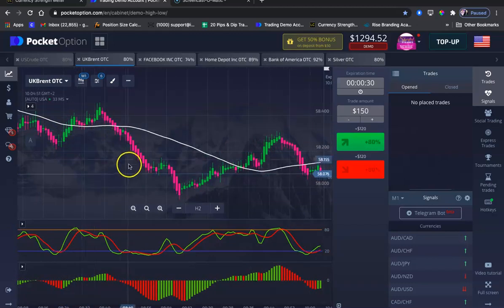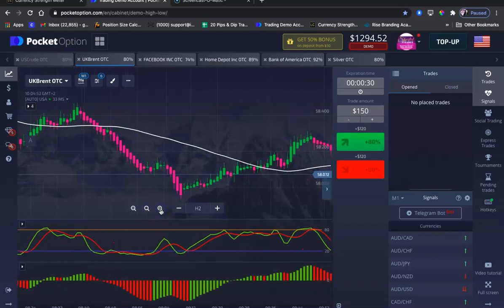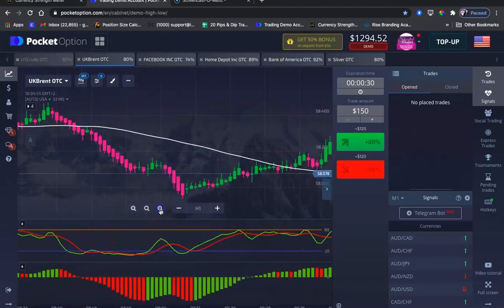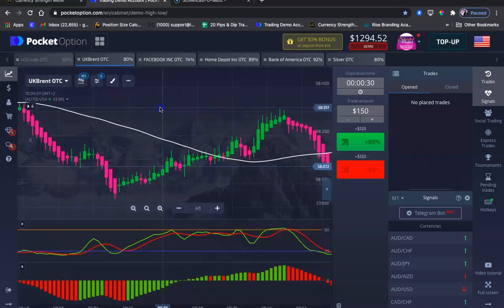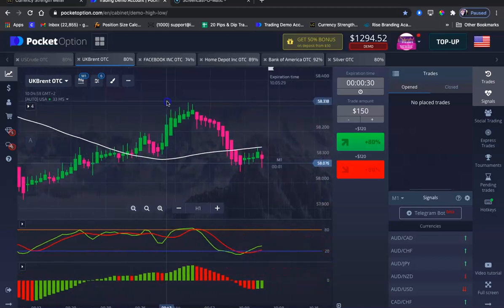Okay, so what makes this different? The first major difference, especially if you're using these to trade regular Forex, is that these candles open in the middle of the previous candle. You see that? They open in the middle of the previous candle.